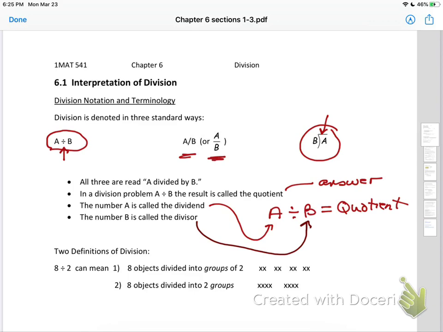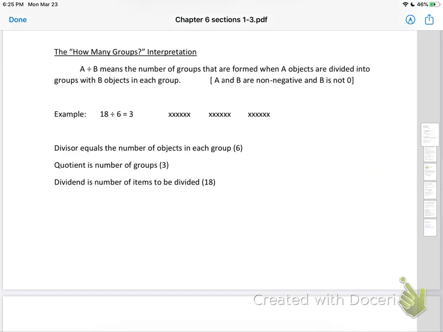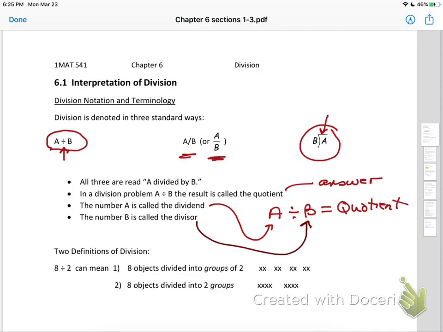Okay, so then I want to talk about how you could interpret division. Let me go back. We may need to do a little bit of it here. I've cut off a little bit, but 8 divided by 2 can mean 8 objects divided into groups of 2.